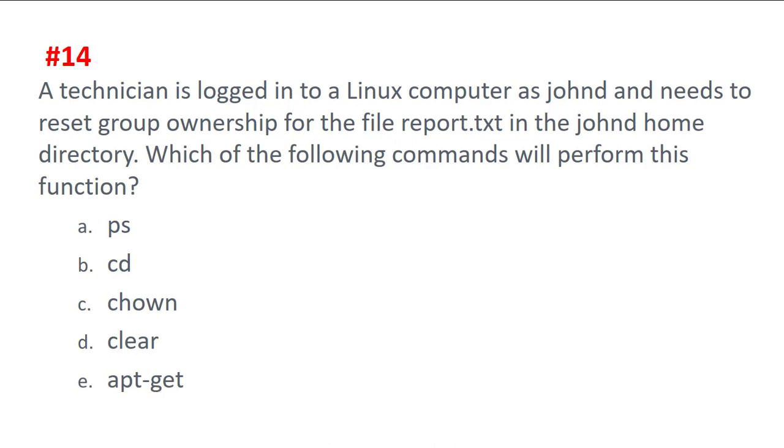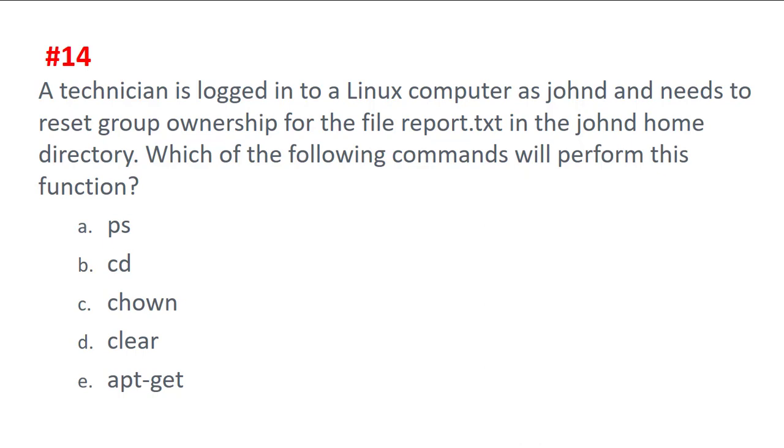Number 14 here, a technician is logged into a Linux computer, and they're logged in as John D. And they need to reset group ownership for the file named report.txt in the John D home directory. And that's a lot of information, but just think it through.